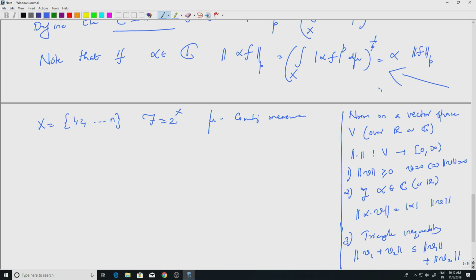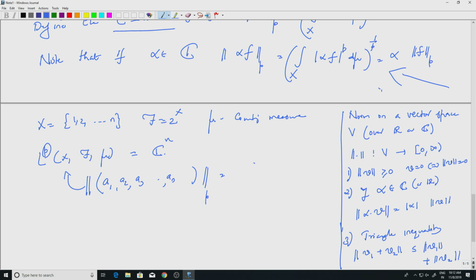If I look at LP of X, F, mu, this is the same as the space C^n, because functions are simply n-tuples, but the difference is with the LP norm. If I take an element here, let us call it A1, A2, A3, ..., An, written as a tuple, what is the LP norm of this?